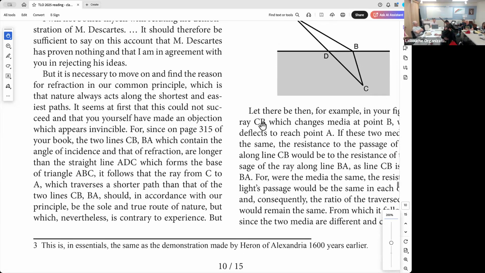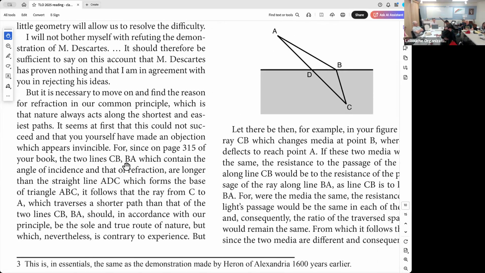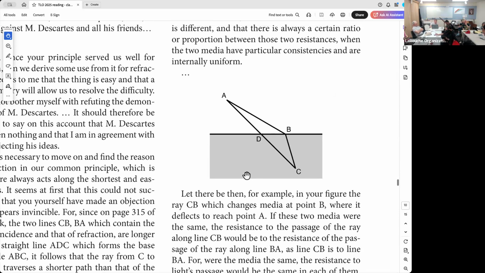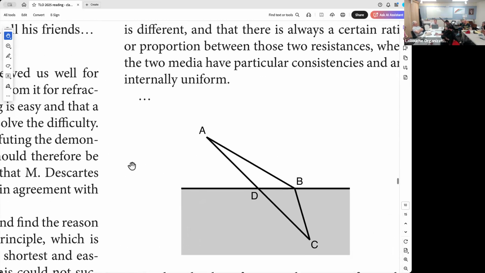For since on page 315 of your book, the two lines CB, BA, which contain the angle of incidence and that of refraction, are longer than the straight line ADC, which forms the base of triangle ABC, it follows that the ray from C to A, which traverses a shorter path than that of the two lines CB, BA, should, in accordance with our principle, be the sole and true route of nature, but which nevertheless is contrary to experience.